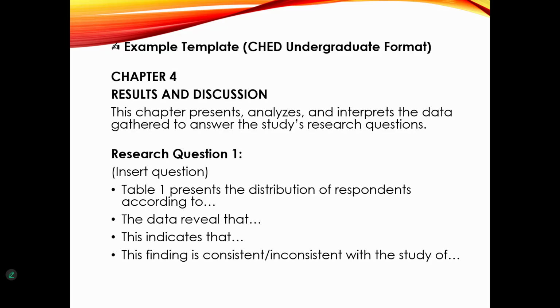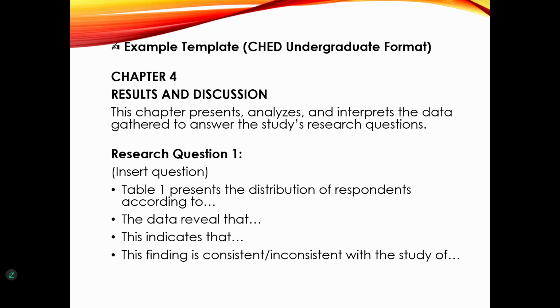So the table is already summarized. Do not put the table of individual respondents. You must create a summary, and you will put there some suggestions or comments of the respondents.